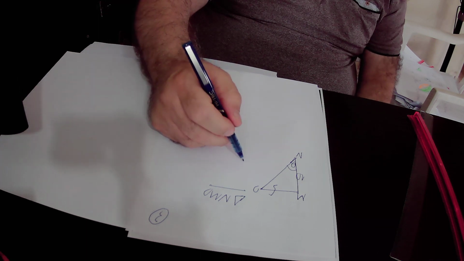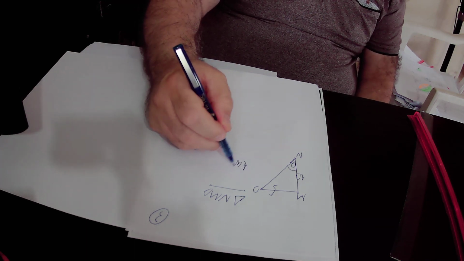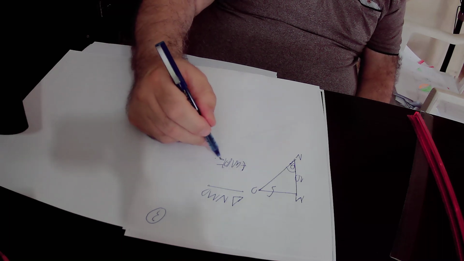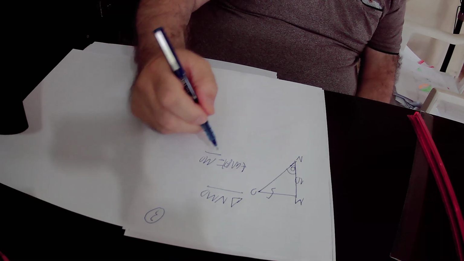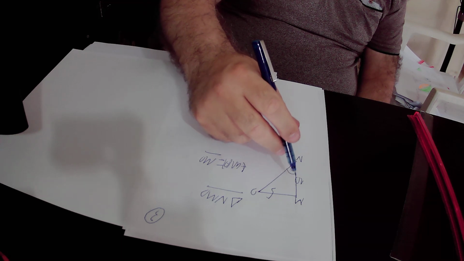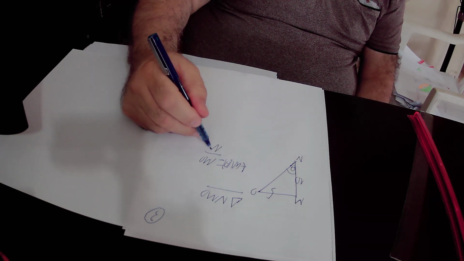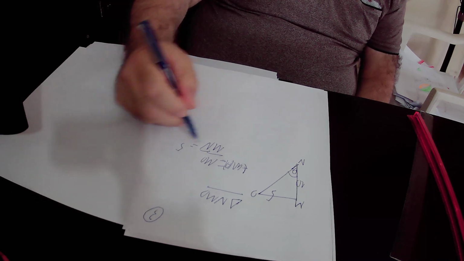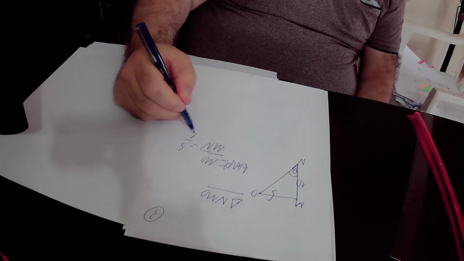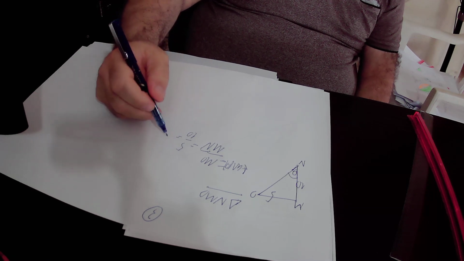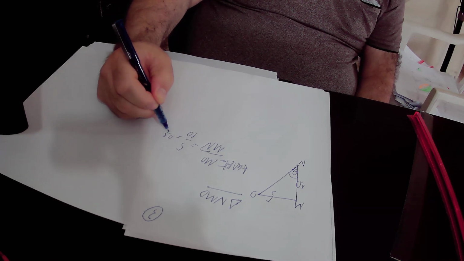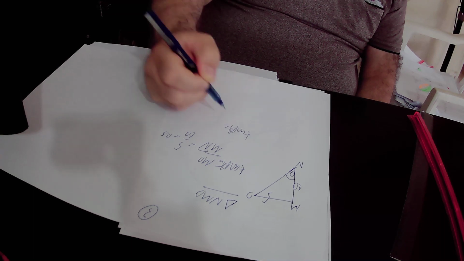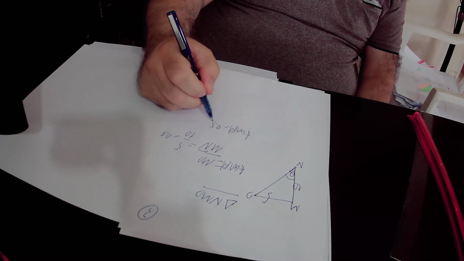Here, tangent theta equals MO over MN. MO equals 5, MN equals 10. 5 over 10 is 1 half, that is 0.5. So tangent theta equals 0.5.